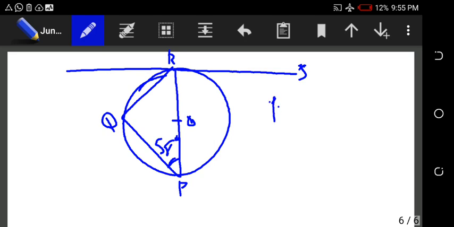So find angle QRS. All right. So what we're looking for is this QRS. That is the whole of from here to here.